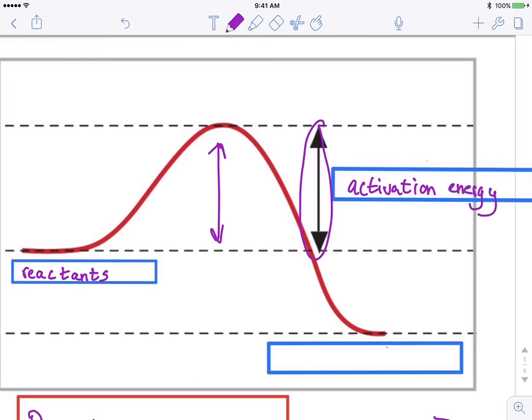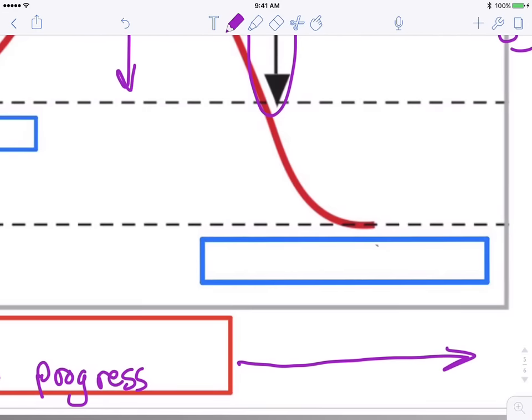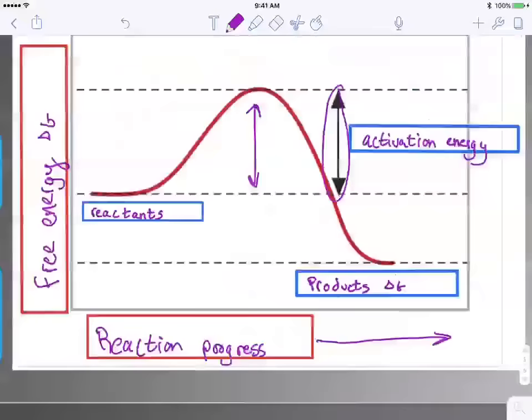But the big difference is you'll notice that our products are way down here. The energy in our products is way down there.